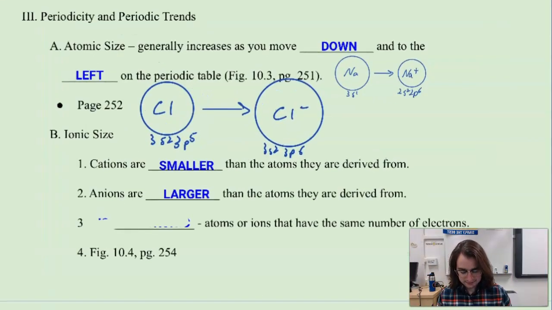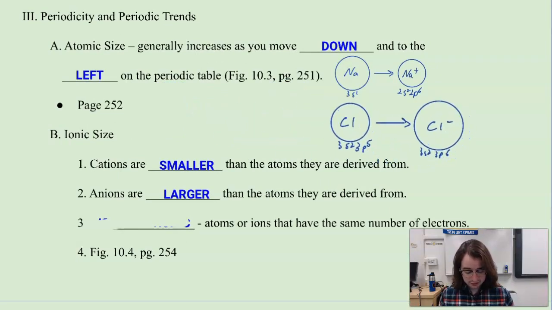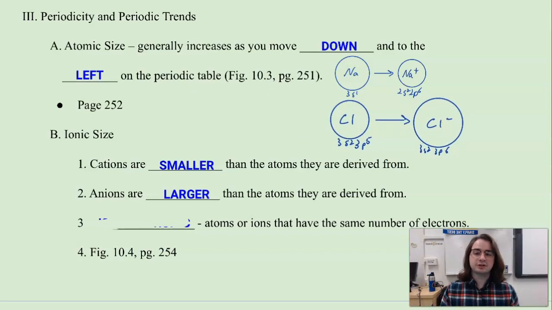But it also has something to do with what we would call nuclear charge. Nuclear charge is the charge on the nucleus, right? Remember that each proton in the nucleus has a charge of 1. So chlorine has 17 protons in its nucleus, which means it has a nuclear charge of about 17.